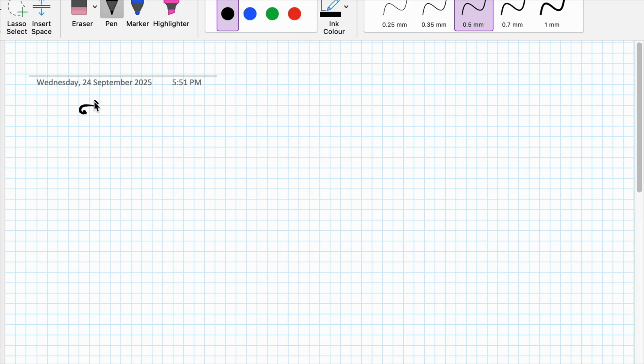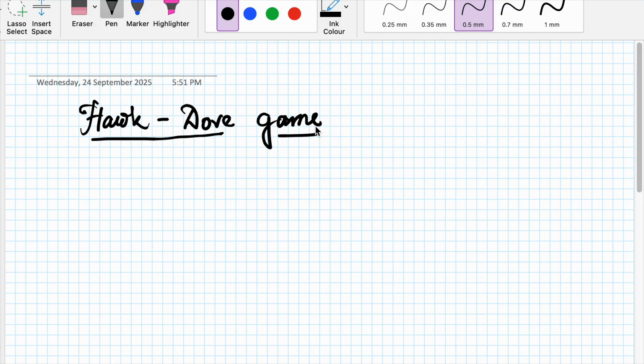So the hawk dove game. Here we are talking about a situation that is, as the name suggests, hawk and dove. There are two strategies corresponding to hawk and dove.